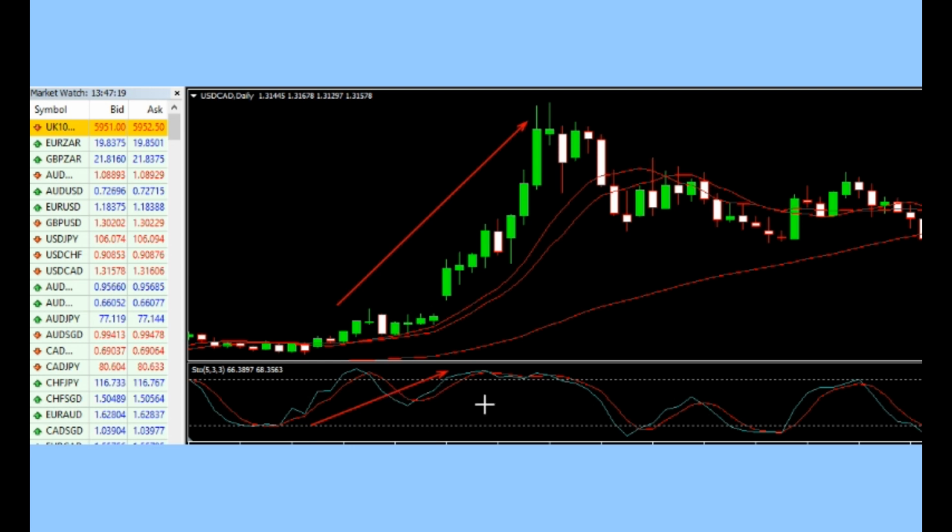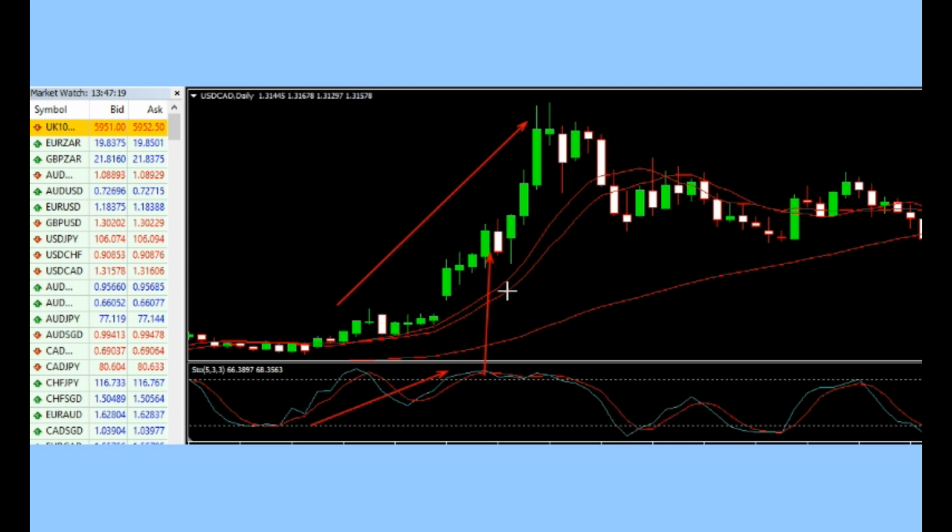oscillator, meaning the market at some point from around this area was already in an overbought position. So let me change the color so that we can see each other.